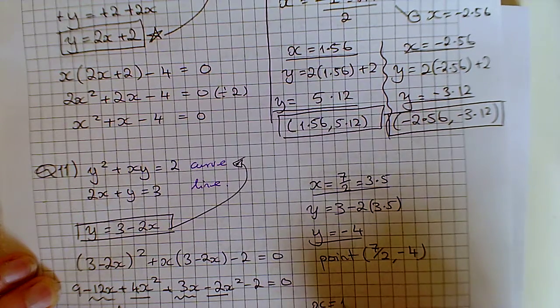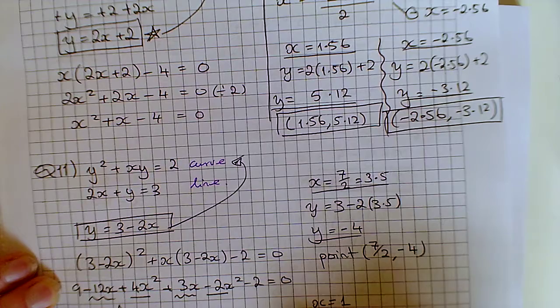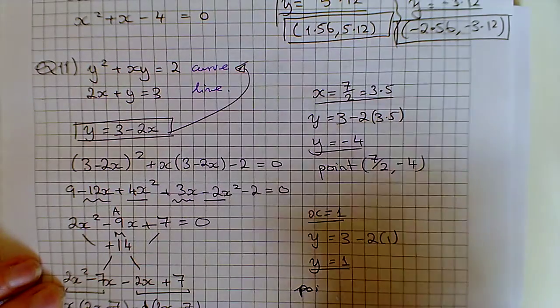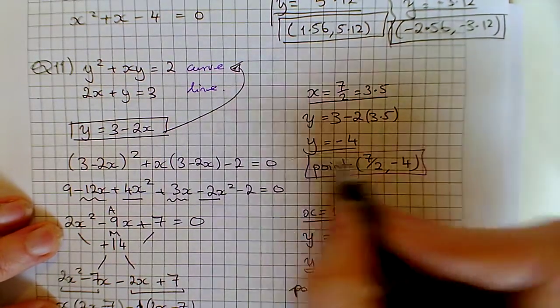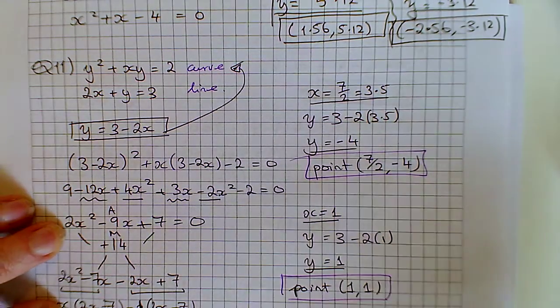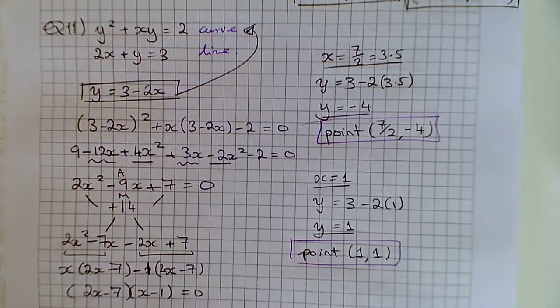When x is equal to 1, y is equal to 3 minus 2 times 1. So y is also equal to 1, and we get the point (1, 1). Okay, so those are our 2 points of intersection for the line and the curve as given.